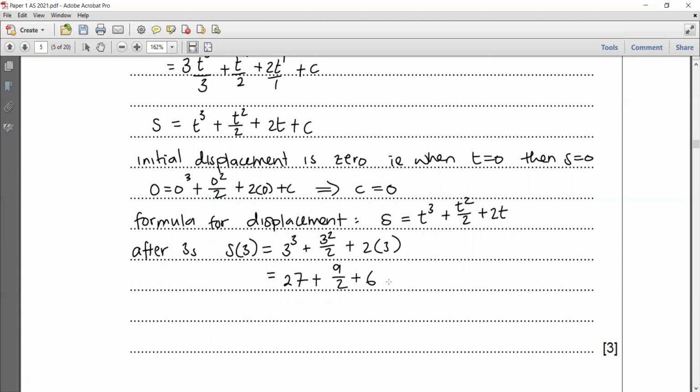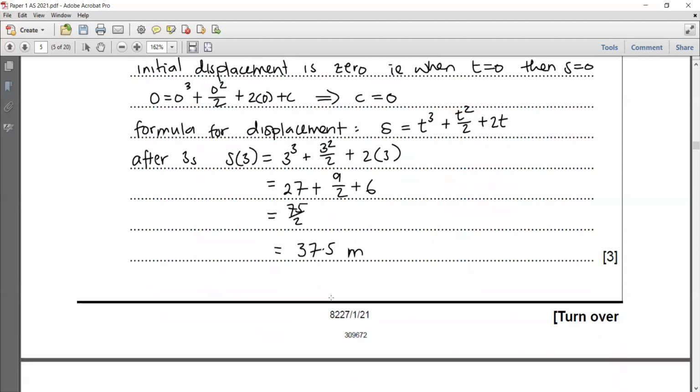And this gives me 75 over 2 on the calculator, and this is equal to 37.5, and this is in meters, and this is to 3 significant figures as required.